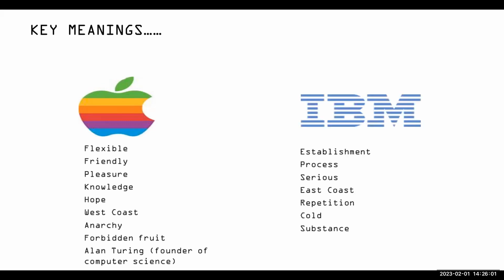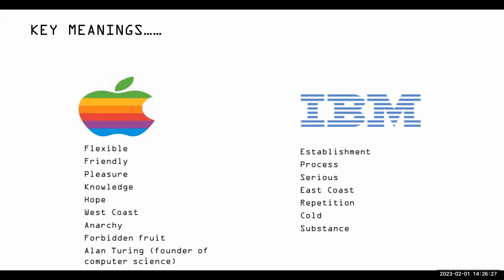How different IBM is, with its lines, the blue color, the bold letters, and the gap between the lines. All of them signify establishment. It signifies some level of seriousness, dependability.